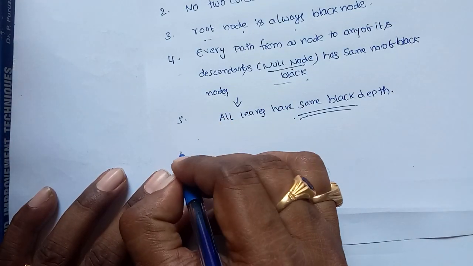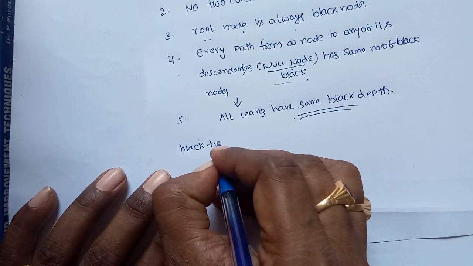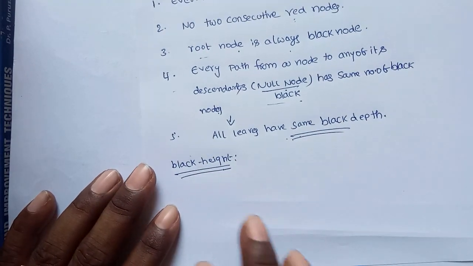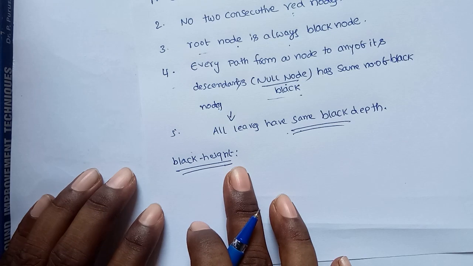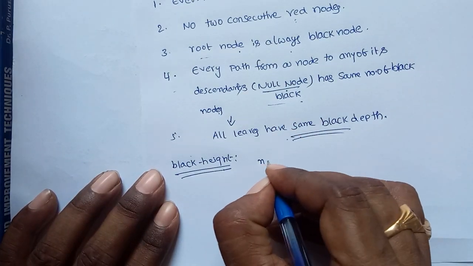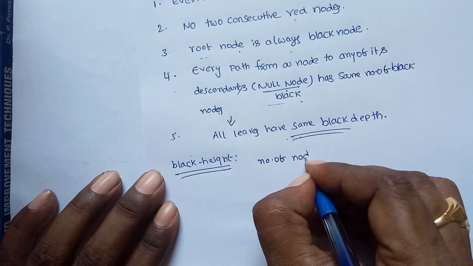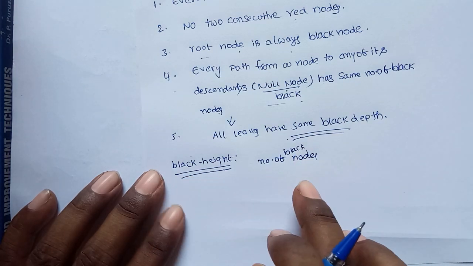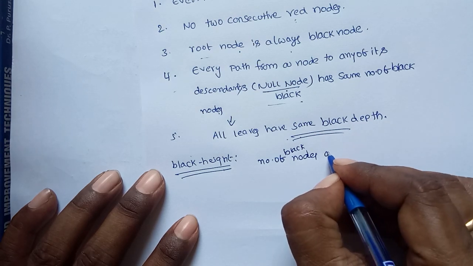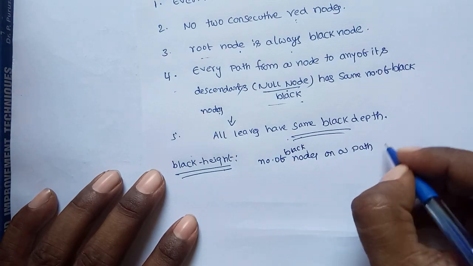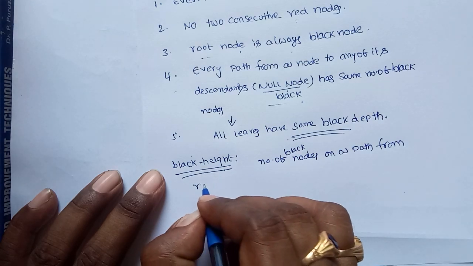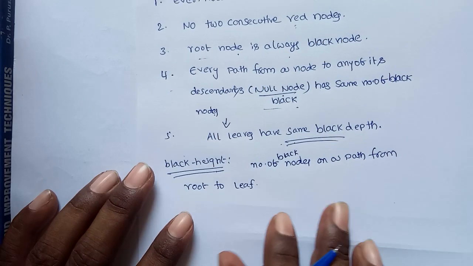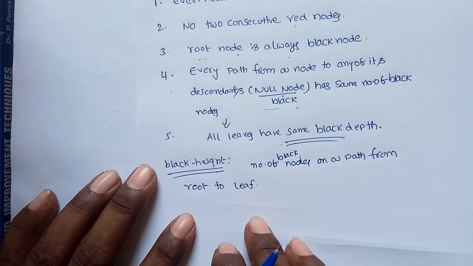Now I will go to one more point, black height. This is a very important factor. Black height of a red black tree is the number of black nodes on a path from root to leaf.